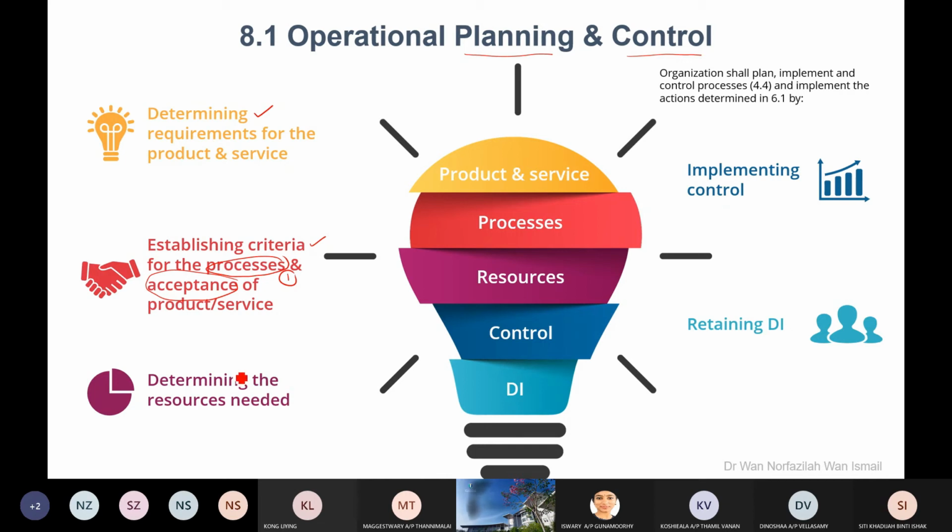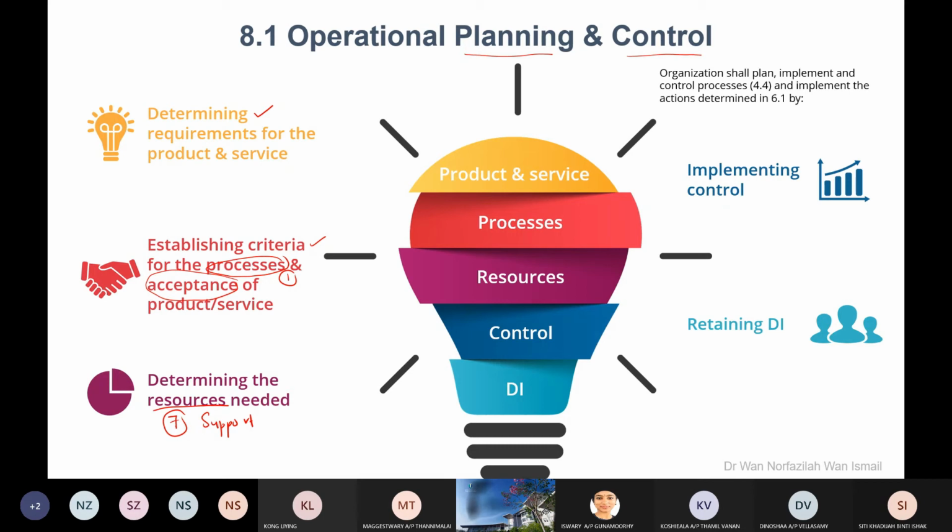Then after you have determined the requirements and established criteria, you need to determine the resources needed to fulfill the requirements. You have all the criteria. Now determine the resources. So now you need to go back to clause 7, which is support, and then we have the subclause that talks about resources.